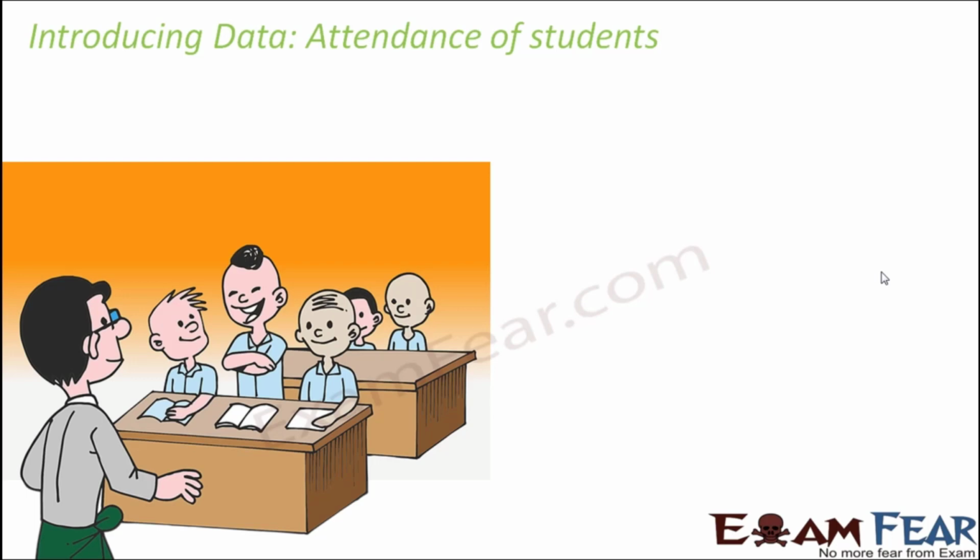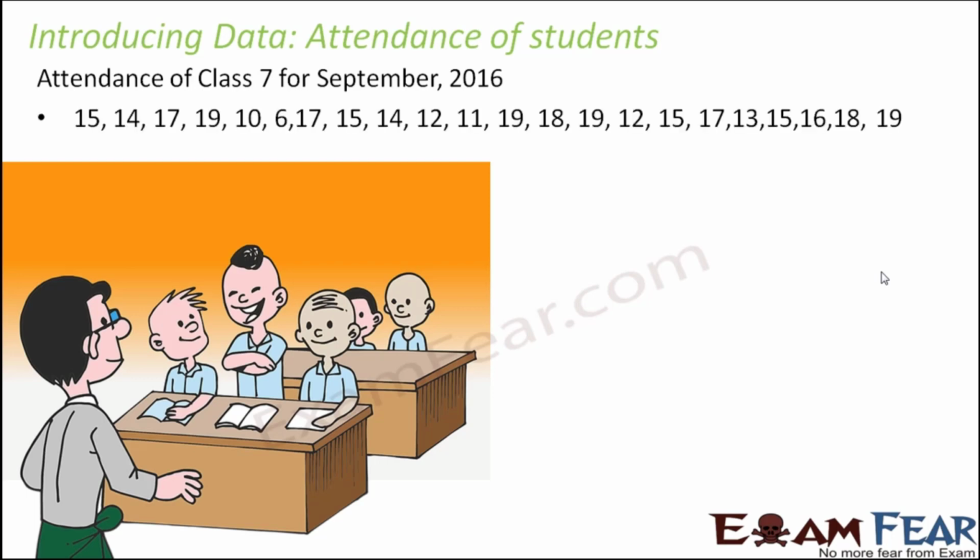Okay, now in a class, approximately how many students are there in your school? So in each class, you have some 40, 50, 60 or even more number of students. Now let's say that the attendance of class 7th for the month of September is somewhat like this: 15, 14, 17, 19, 10, 6, 17, 15.